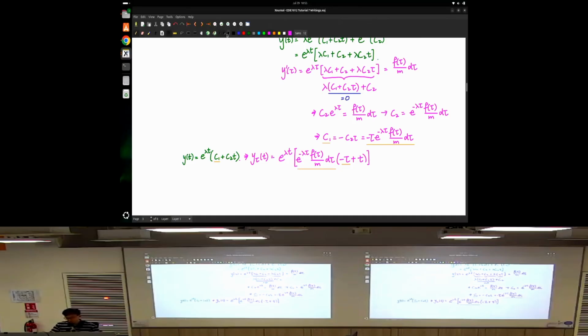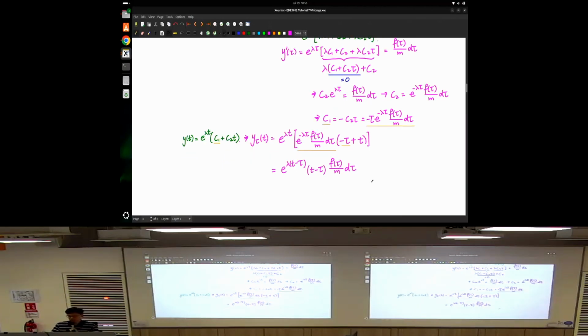The exponential terms can combine, so it becomes e^(lambda times (t minus tau)). Then after that you have a t minus tau term, then your f of tau over m, d tau.